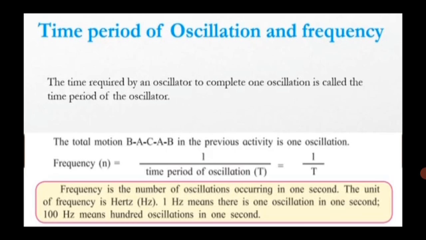We have seen the diagram of a pendulum in the previous activity. The time required by an oscillator to complete one oscillation is called the time period of the oscillator.